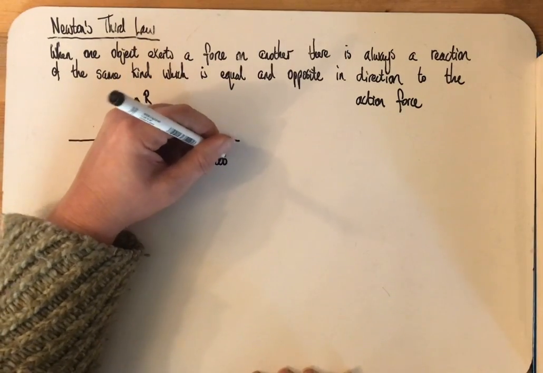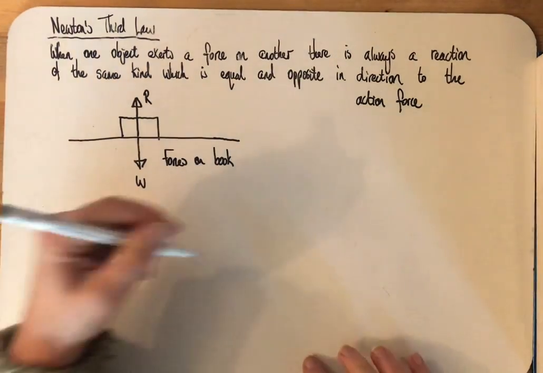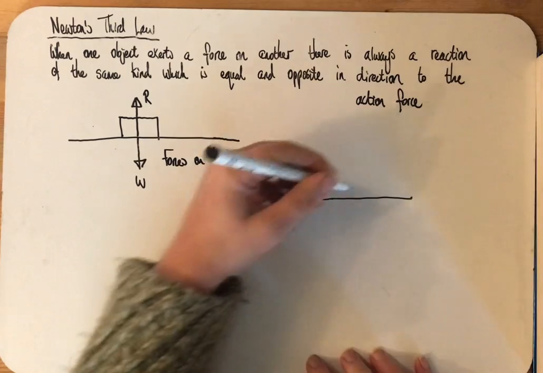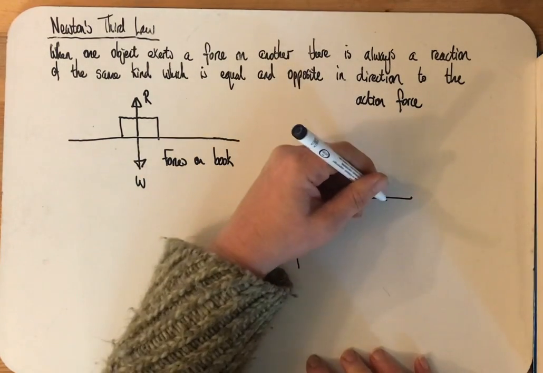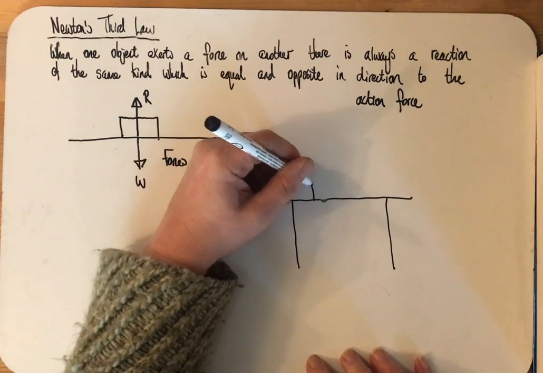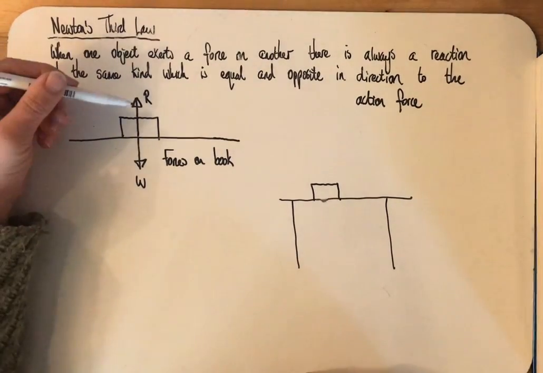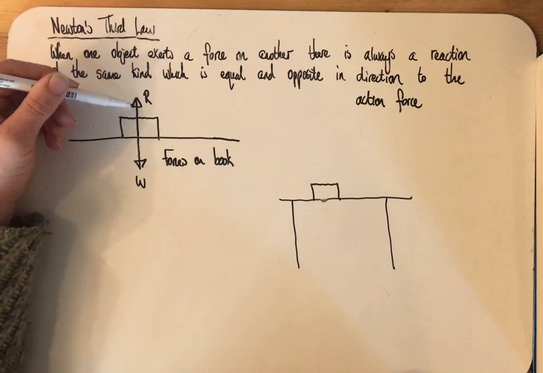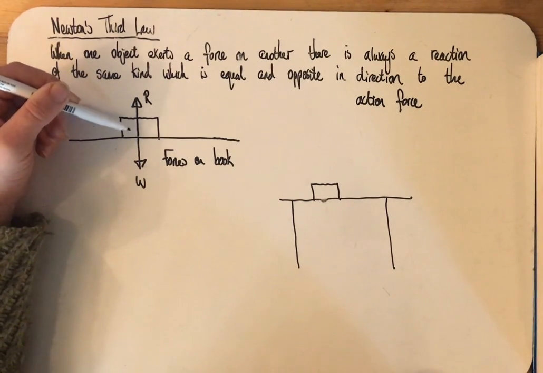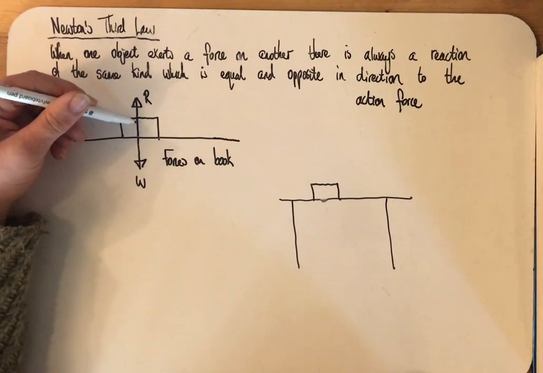If we zoom out of that bit and think about the forces on the table, so I can put the book on the table over here somewhere. Then acting on the table, we've got a reaction force equal and opposite to this one, because this is the table acting on the book.